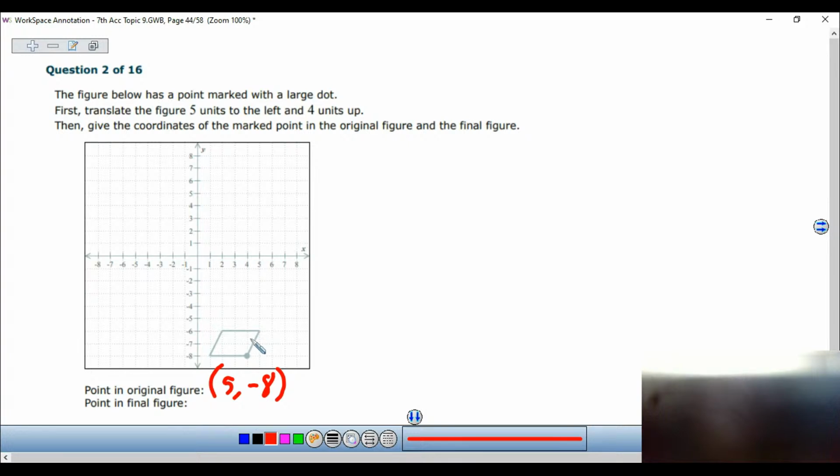Then if I move it 5 units left, 1, 2, 3, 4, 5. Oh, we said that was 4, -8. Sorry about that.